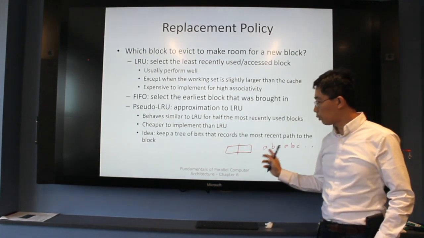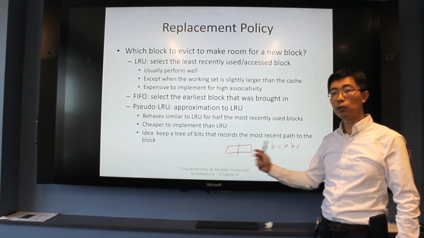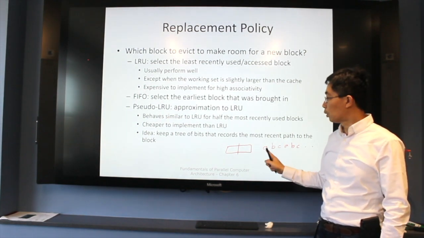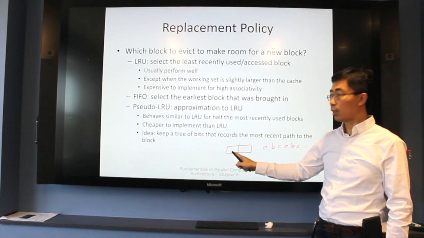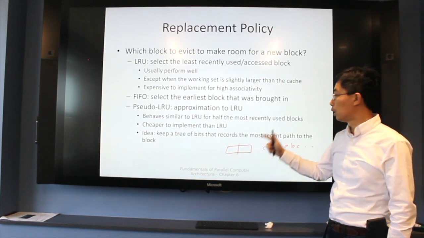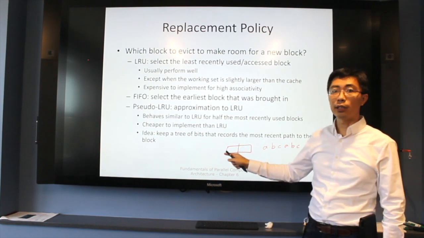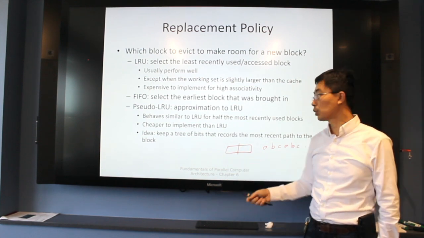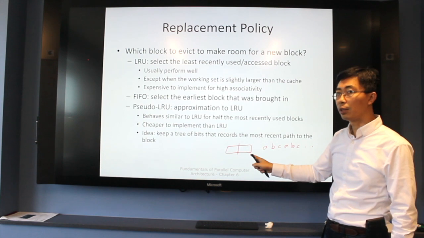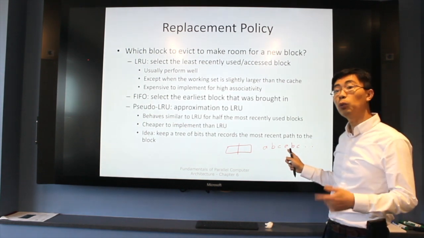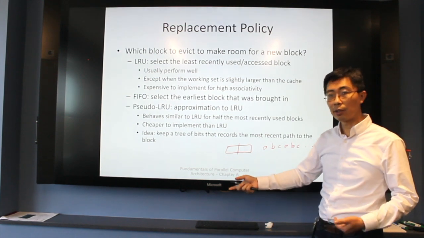So notice that we have 3 blocks we are accessing, but there are only 2 ways. If we use LRU, in this case A will be brought in here, B will be brought in here, and then when we bring in C, A has to be evicted because it's the least recently used. So now we have B and C, and then we have access to A. That will miss because we just evicted it.